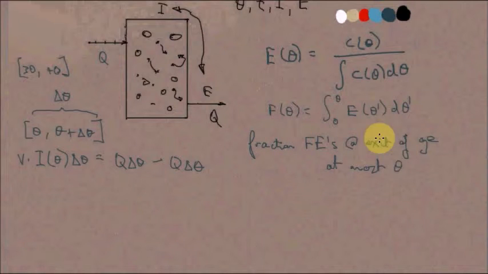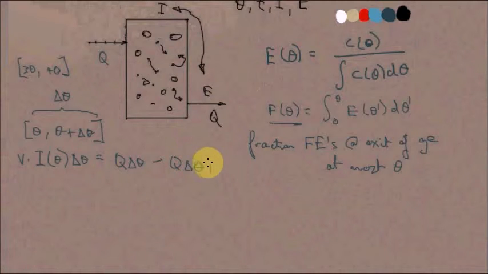And you see we've already introduced this convenient definition. We've stated F of theta is the fraction of fluid elements at the exit of age at most theta. So this is the fraction that has exited the reactor.